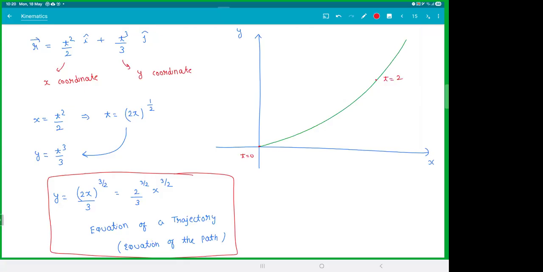What I want you to find is this length, going along the curve. This is your distance. What are you guys finding? From here to here, you are drawing a line and you're finding this. This is displacement.